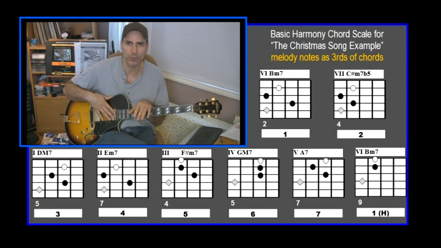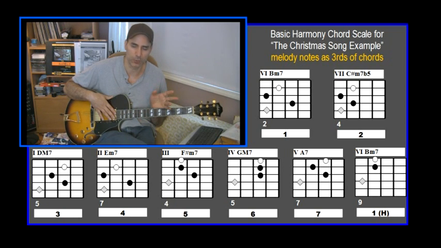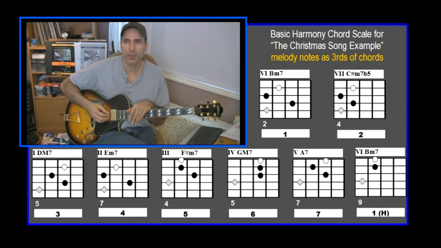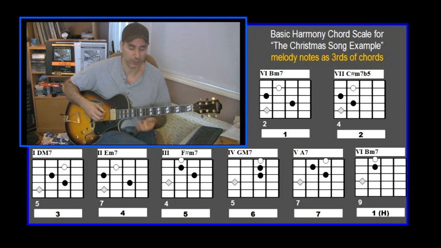If it's a one note, skip the 7 chord, go back to the 6 chord. The 1 is the third of the 6 chord. The 2 melody note is the third of the 7 chord. The 5 melody note is the third of a 3 chord. The reason why thirds is really good to know is because a lot of times melody notes work great on the guitar placed as thirds.